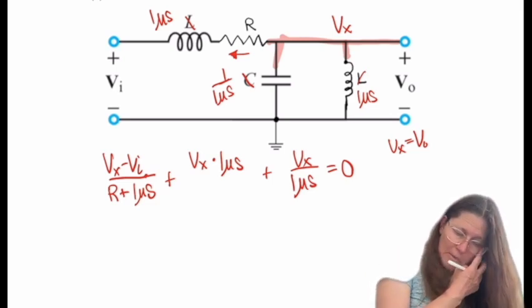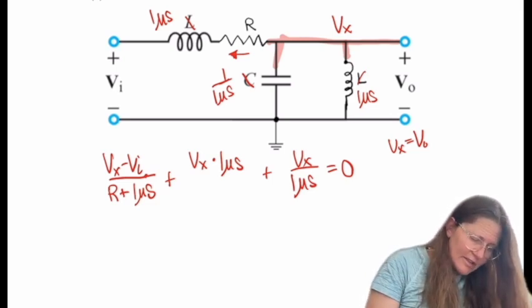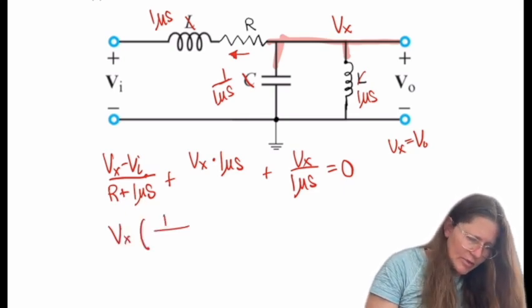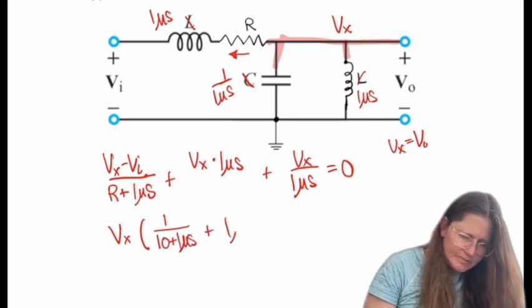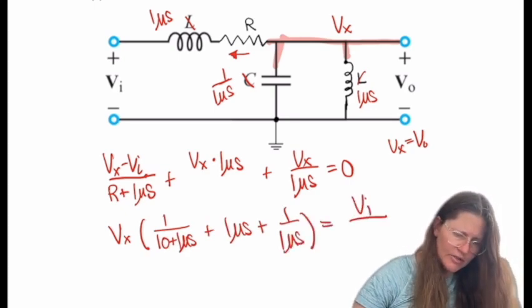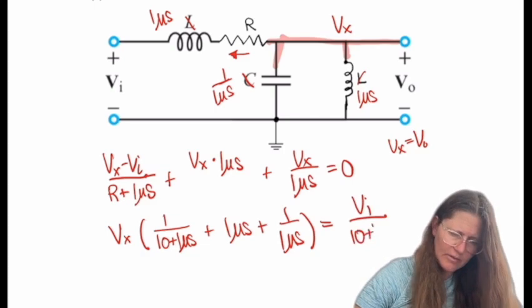So getting common denominators for Vx, R was 10, so this is 1 over 10 plus 1 over micro S. And then you bring the Vi over to the other side as a known kind of value.